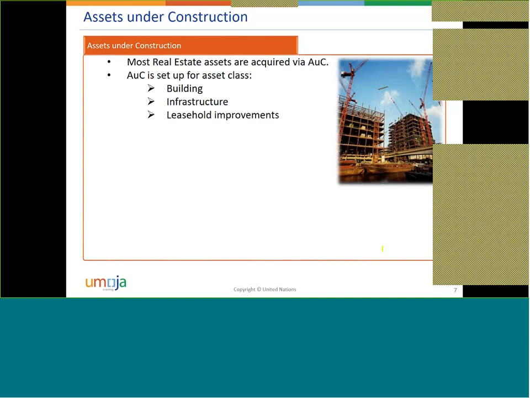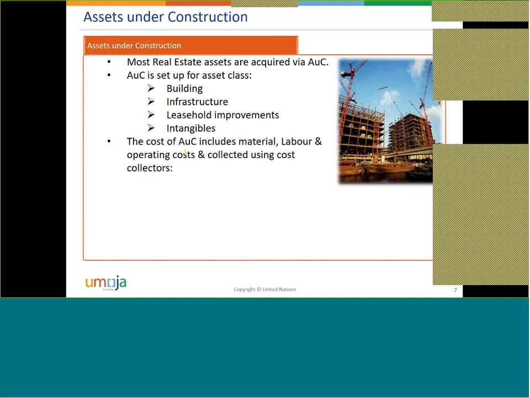So we have a different set of asset classes depending on the type of asset we are building. So we have buildings, we have infrastructure assets, we have leasehold improvements, and we have intangibles. We'll see later that each of these elements is an asset class that is going to be relevant for us when we are setting up a project or initiating an activity.